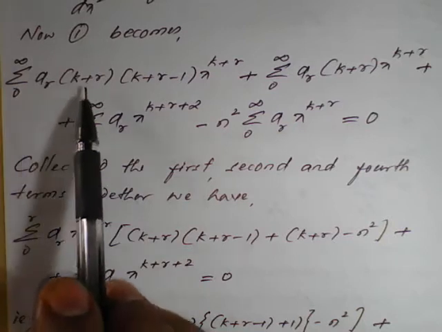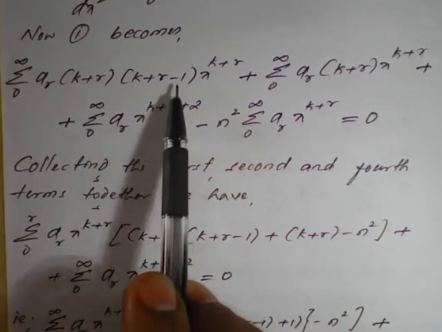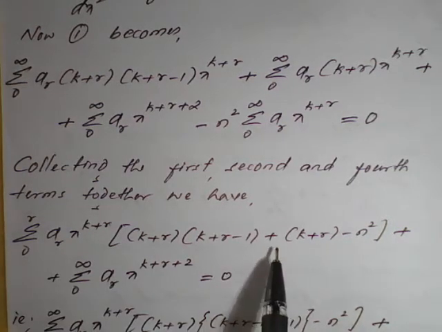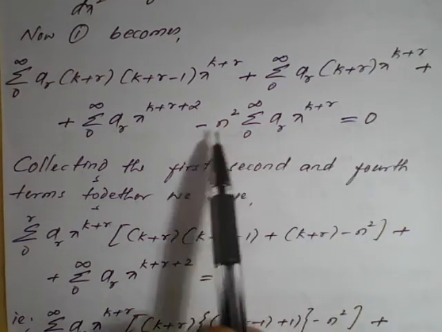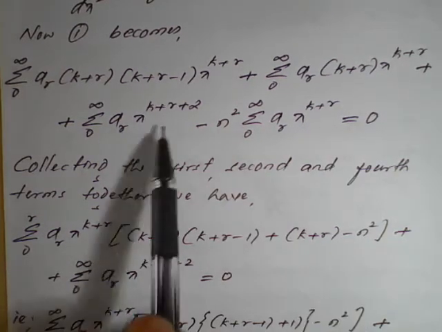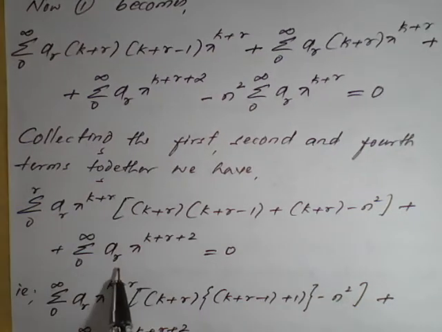What is left inside is (k+r)(k+r-1) plus (k+r), and from this minus n square, and the third term we will keep as it is.